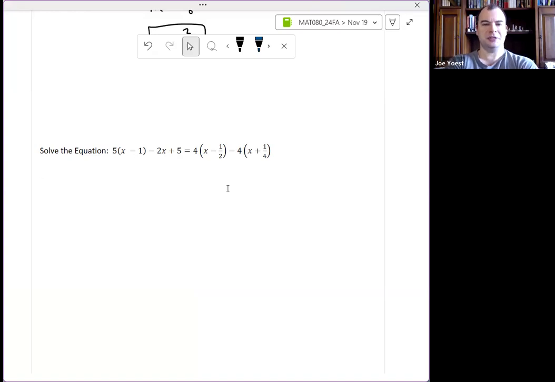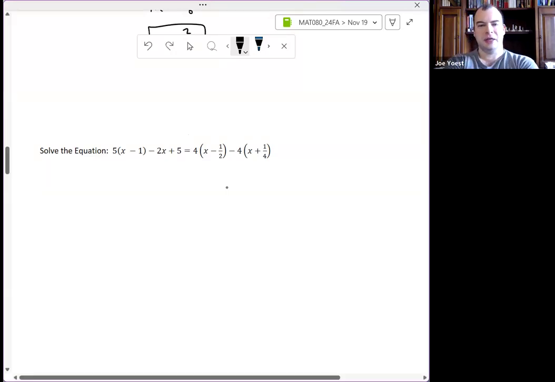But this actually simplifies down quite a lot. So before I go trying to solve the equation, trying to apply equation solving steps, again, I want to think of splitting this equation in half, look at the left expression by itself, look at the right expression by itself, and simplify as much as possible.